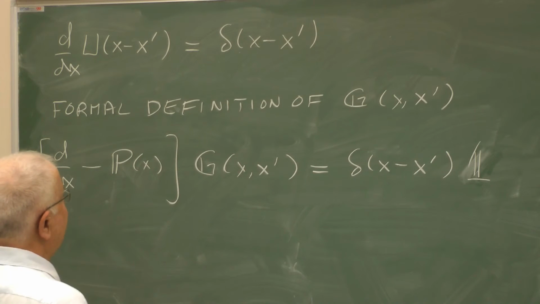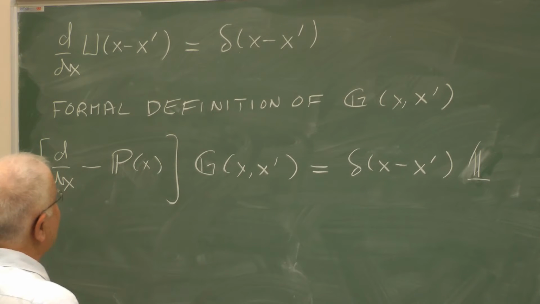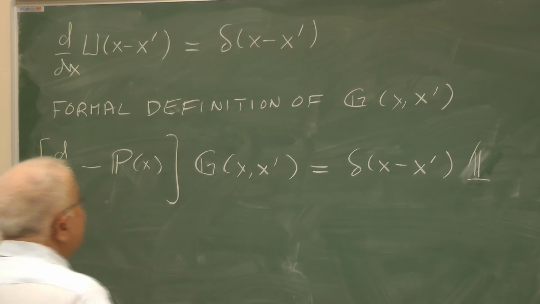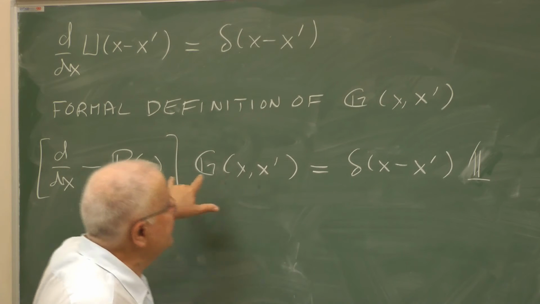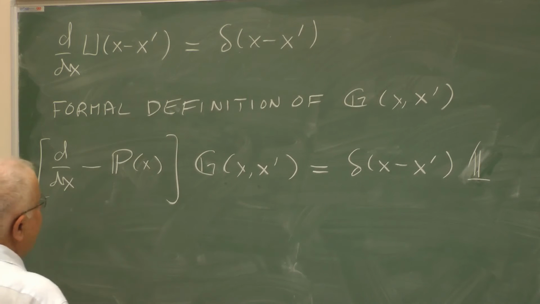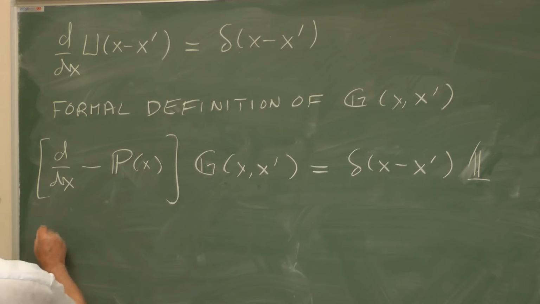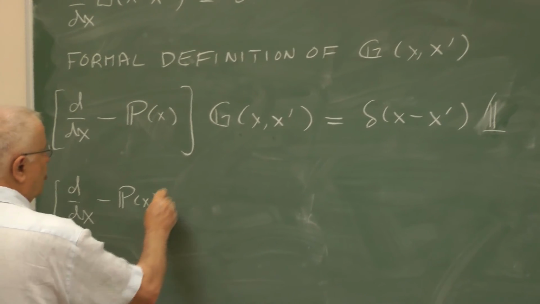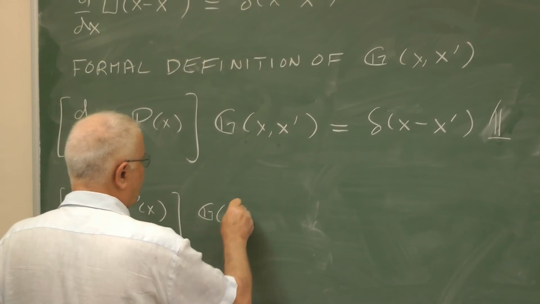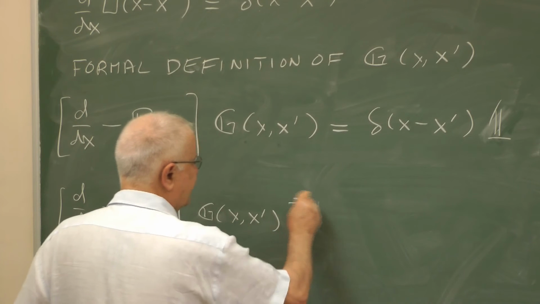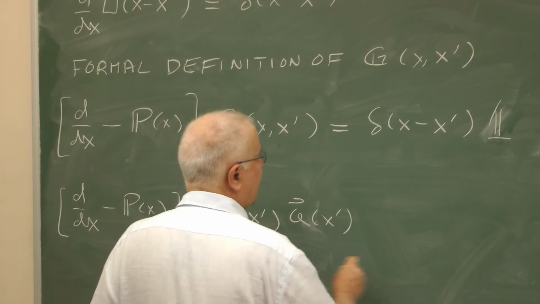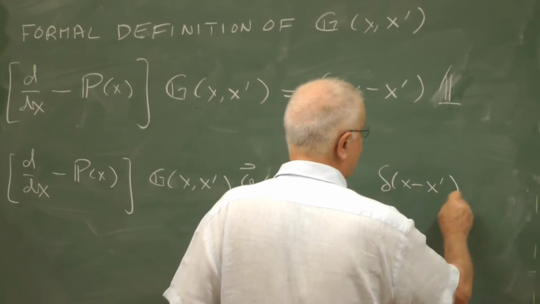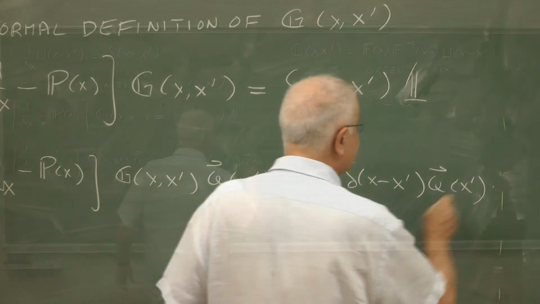Now, okay, this is a formal definition and it is also wishful thinking. If we can somehow find a Green's matrix that satisfies this, then everything is okay. How? I take this d dx minus p of x, G of x, x prime. I multiply this with the vector q of x prime. Same thing here, delta of x minus x prime, q of x prime.